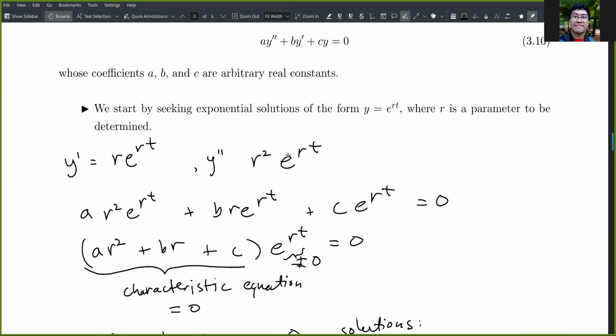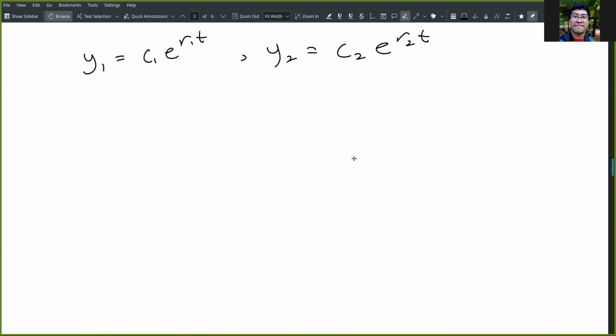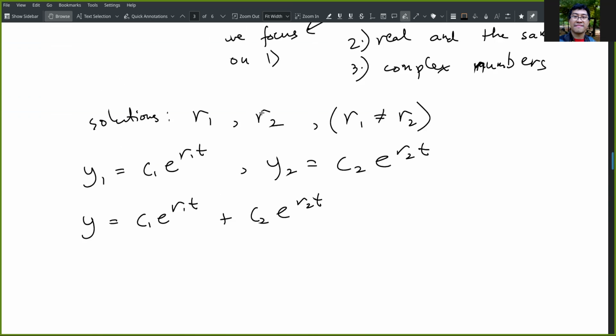So there's one solution, let's call it y1 equals c1 e^(r1 t), and another solution y2 equals constant c2 e^(r2 t). So the general expression is y equals c1 e^(r1 t) plus c2 e^(r2 t).